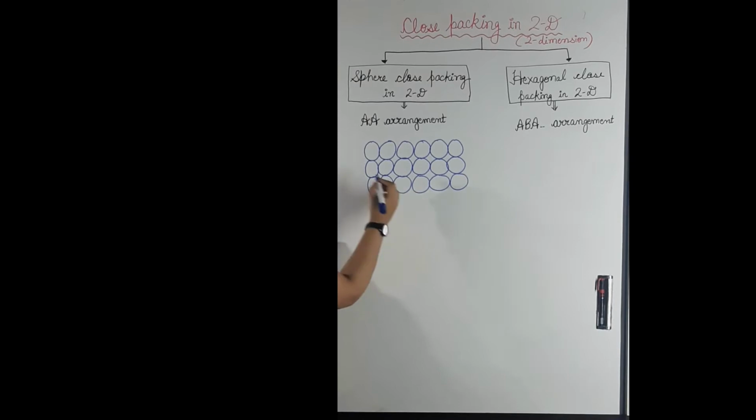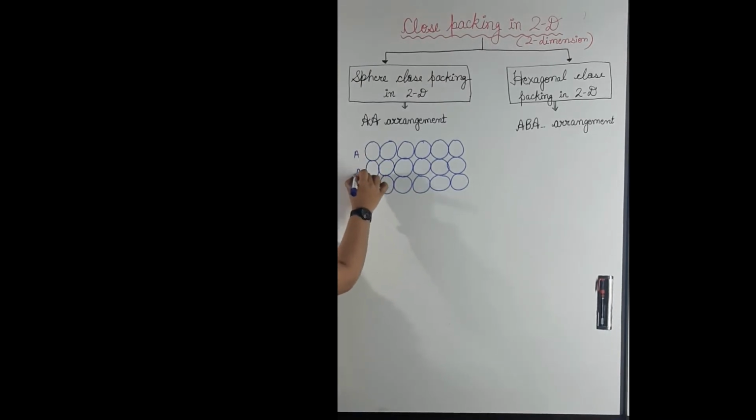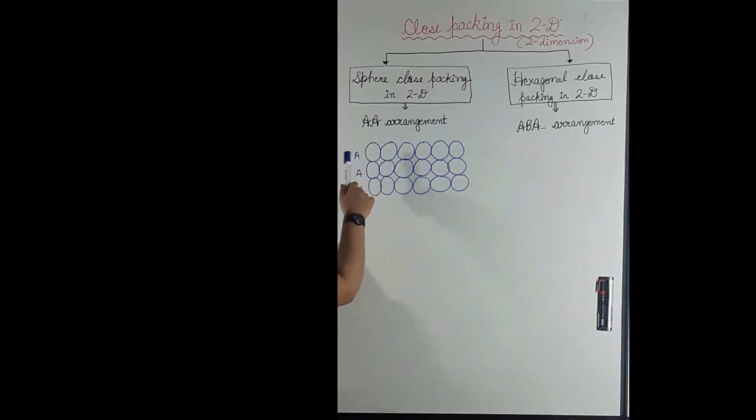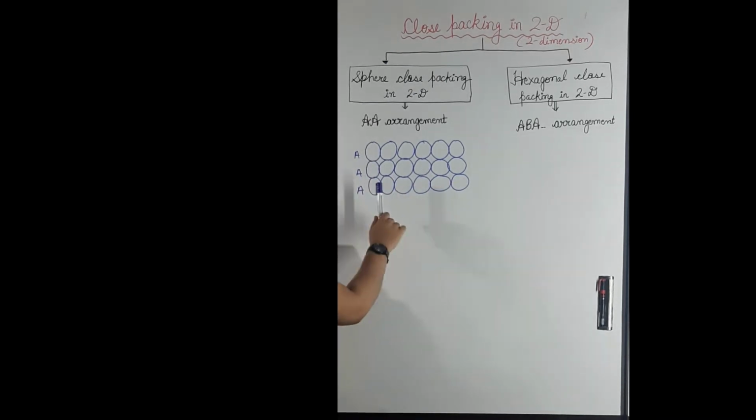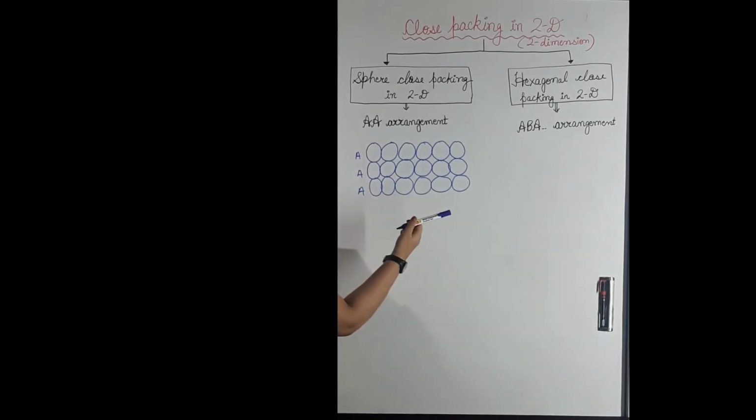Hence, AA arrangement, because the spheres are arranged in regular horizontal and vertical alignments.